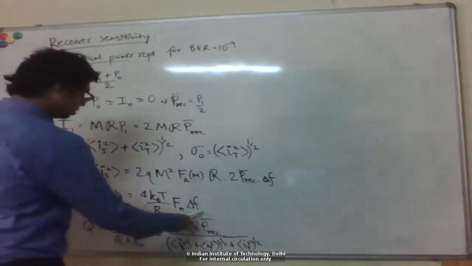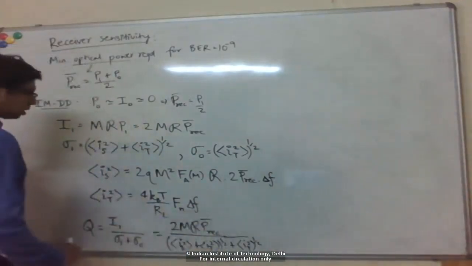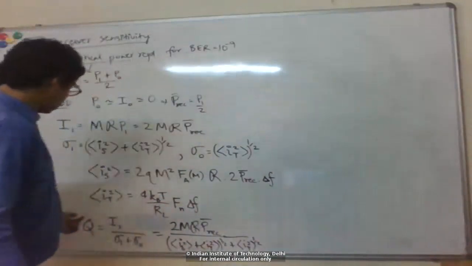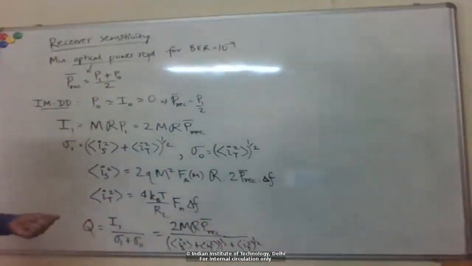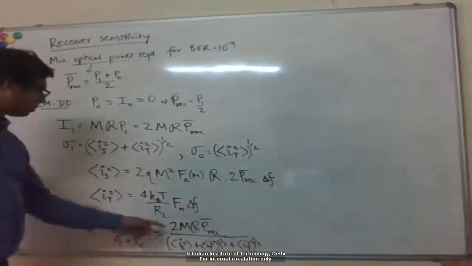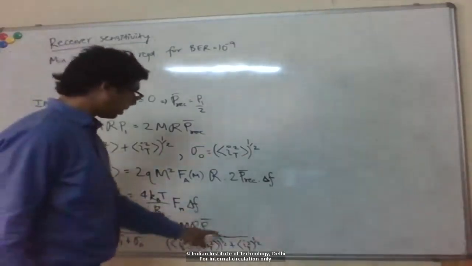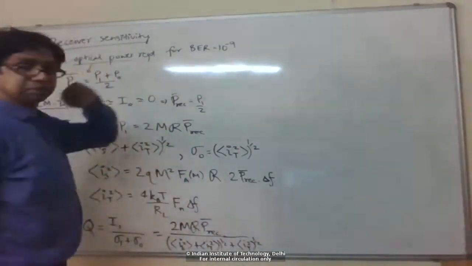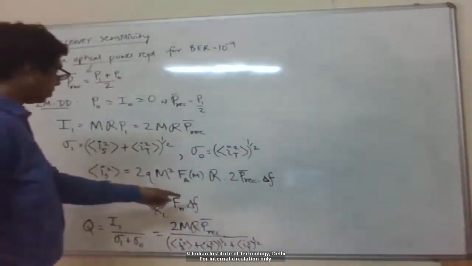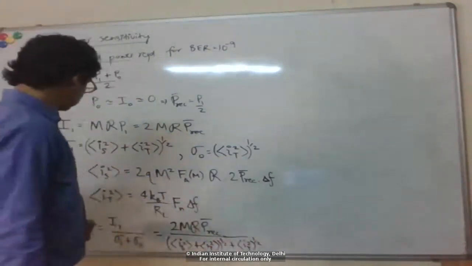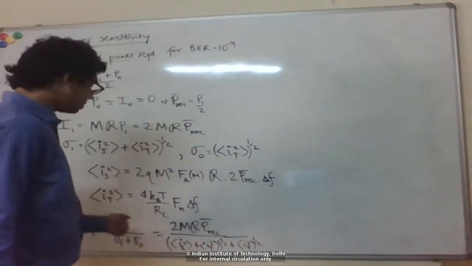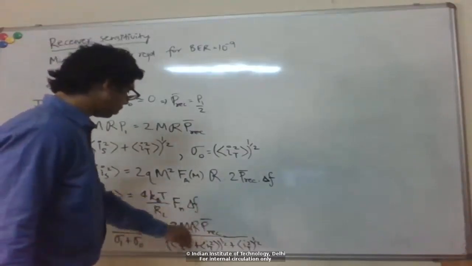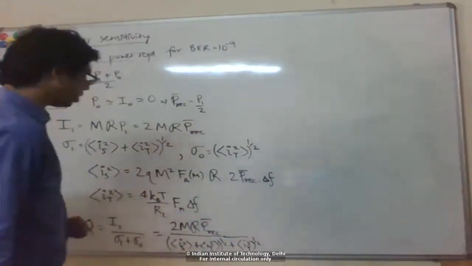So what we can do is solve this equation, right? So again, recall that BER equal to 10 to the minus 9 corresponded to a Q factor of 6, right? So basically, for the optical power at which the Q factor becomes 6, that is the sensitivity. Right? So basically, what we can do is solve this equation, take Q as a constant. So we have an optical power here in the numerator and also in the denominator for the shot noise.